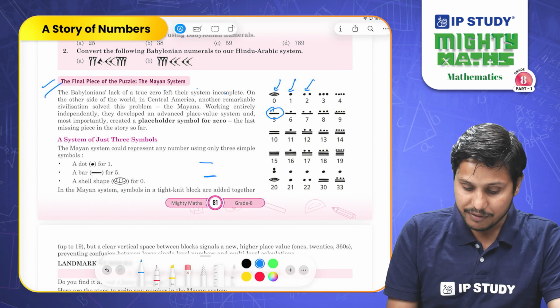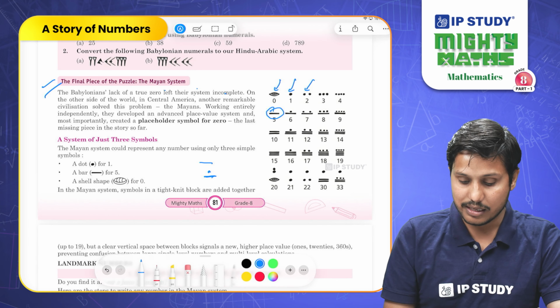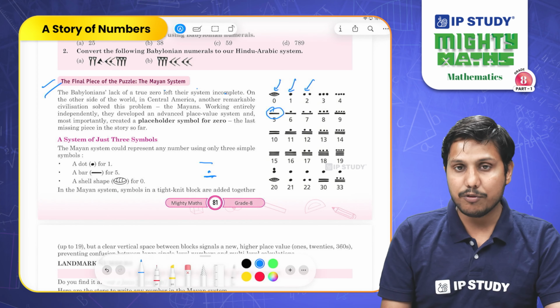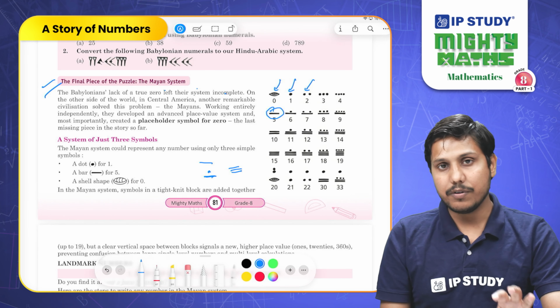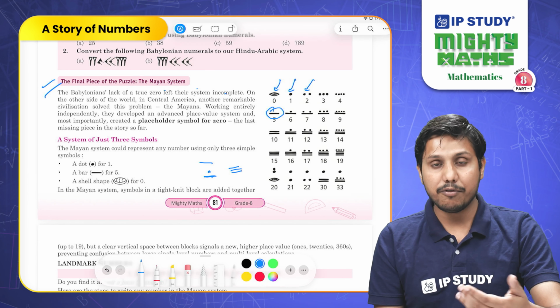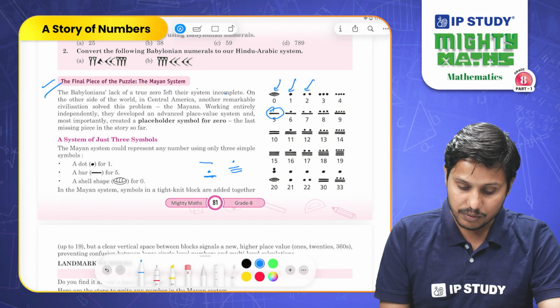So it tells us that 5 is there and 1 is there, making 6. Now let's suppose I have to form 16: we draw the symbol of 5 three times, and mark a dot which indicates that it is 16. Now the Mayan number system also has some landmark numbers that we need to understand.